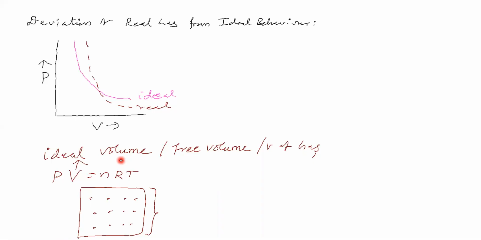As per kinetic molecular theory, each gas molecule gets the entire volume for free movement. It is not possible, absolutely, in the sense each gas molecule is not getting the entire volume for free movement. It is the practical.